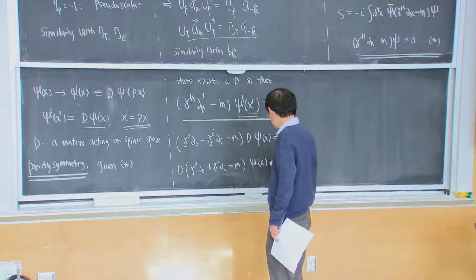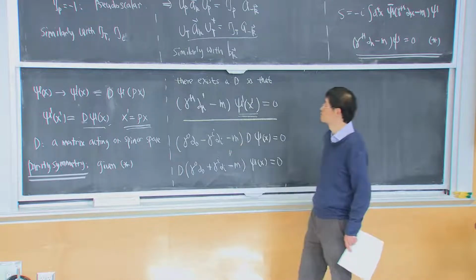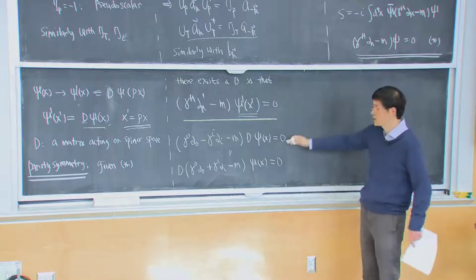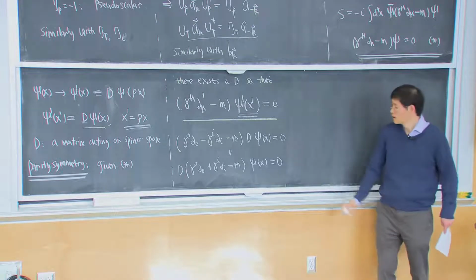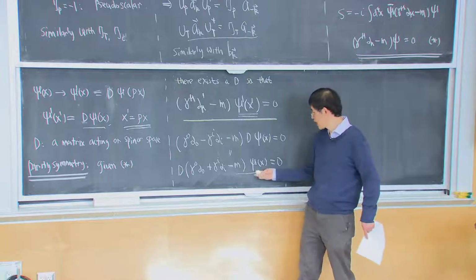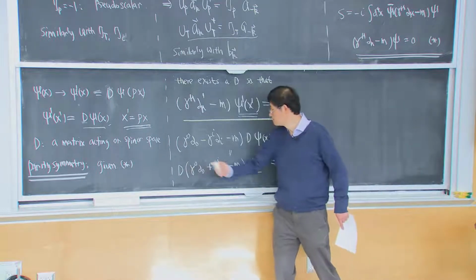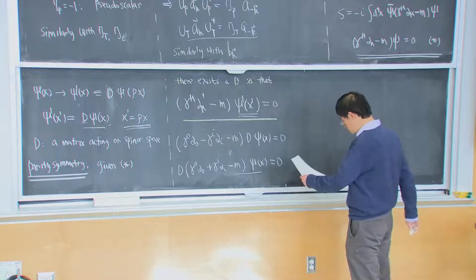So this is the original equation, and now we want these two equations to be equivalent, because given this equation we should have that equation. The last term is the same because m is just a number that commutes with D.